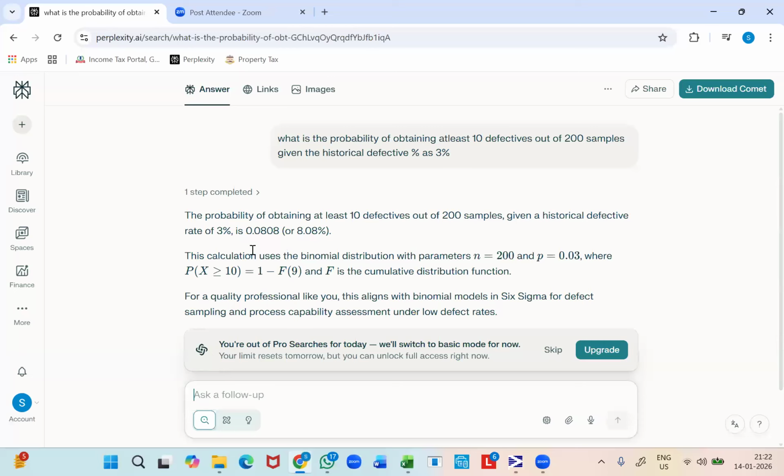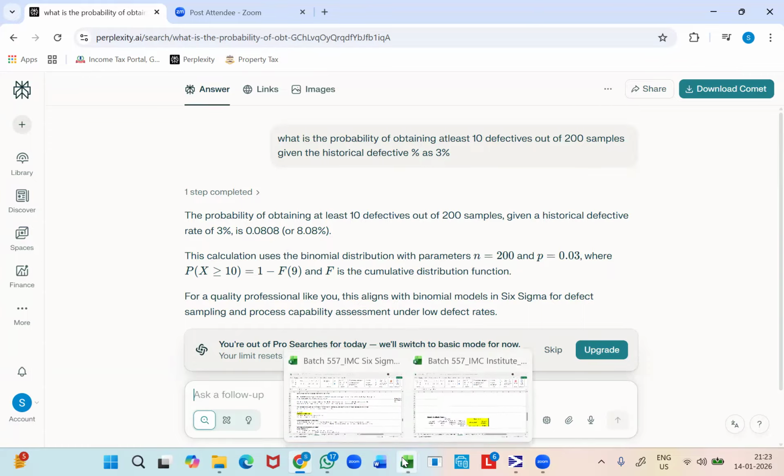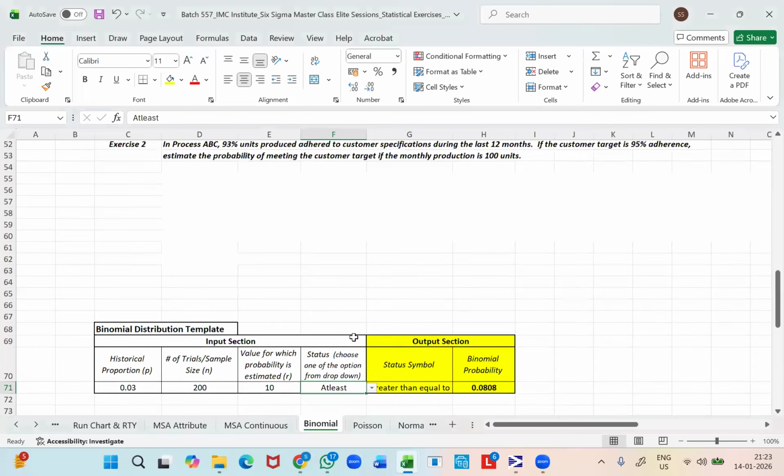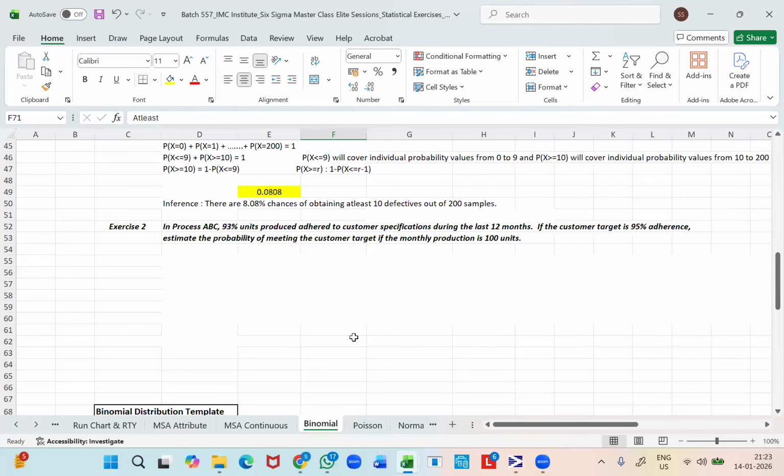It gives the final answer, 0.0808 or 8.08%. So the AI tool also will be very easy to handle, provided you give the correct prompt.